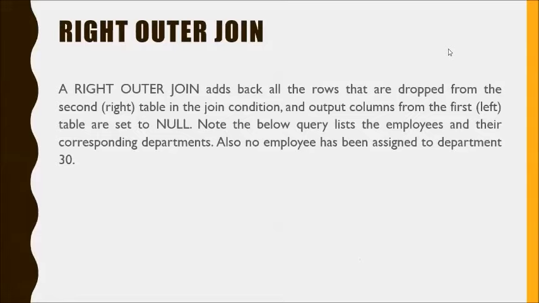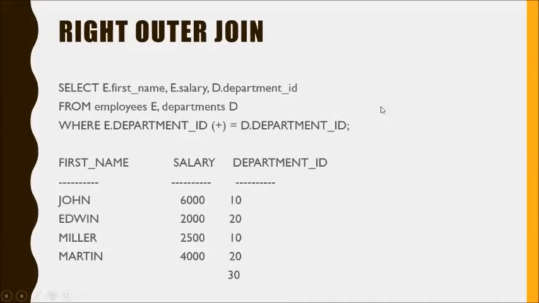Note, the below query lists the employees and their corresponding departments. Also, no employee has been assigned to department 30. So let's see. Here we have the statement and the sample output: SELECT e.first_name, e.salary, d.department_id FROM employees e, departments d WHERE e.department_id(+) = d.department_id.